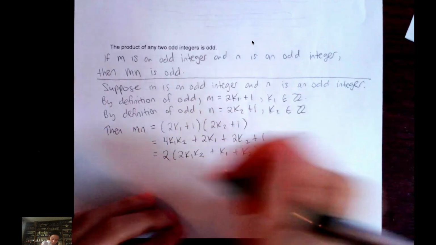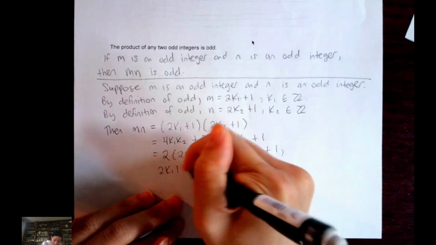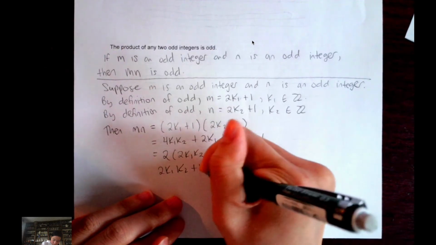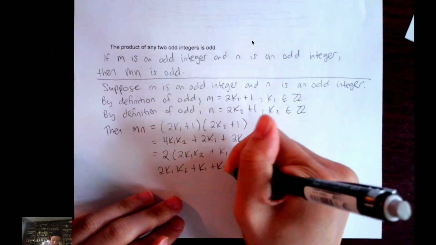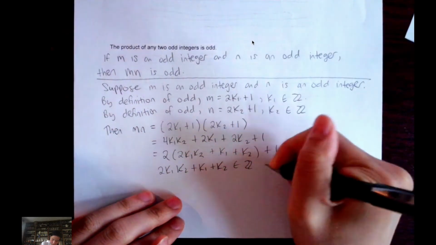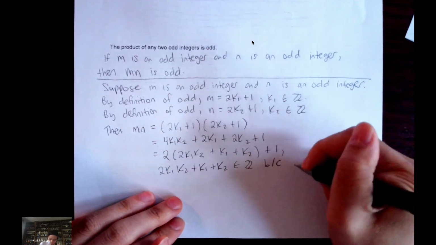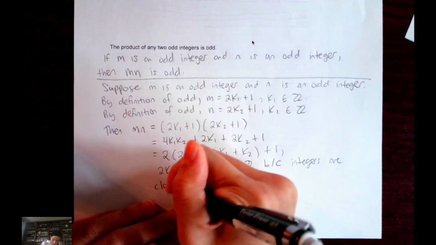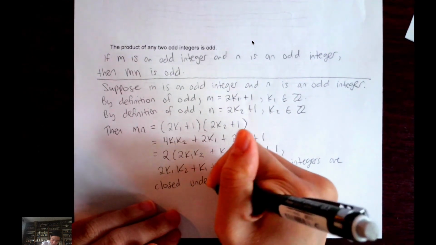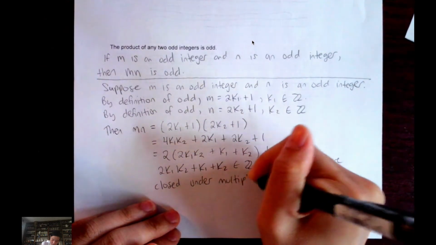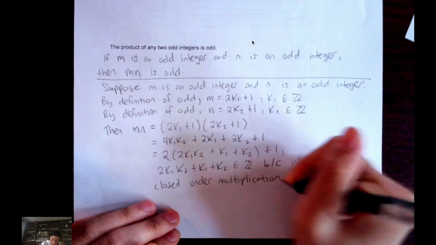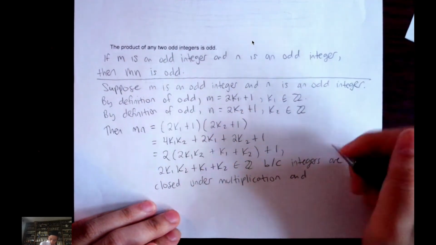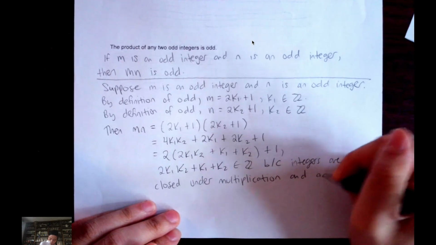And we know that 2k1k2 plus k1 plus k2 is an element of the integers because integers are closed under multiplication and addition.